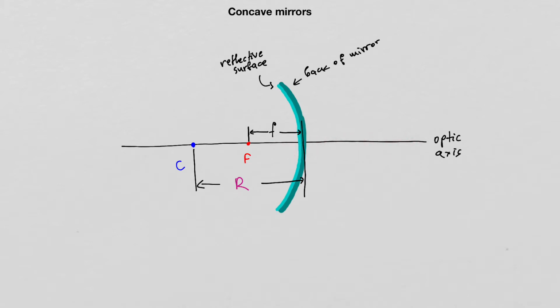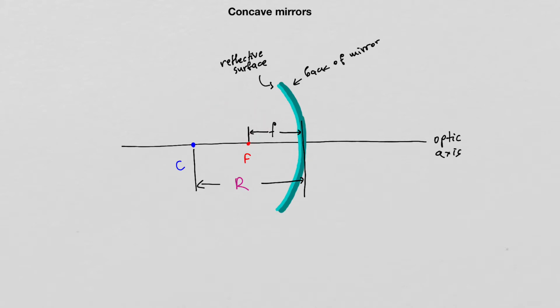On this imaginary line, we have the focal point F, labeled with capital F. And this is the point where all light that is incident upon the mirror, parallel to the optic axis, is going to be focused.